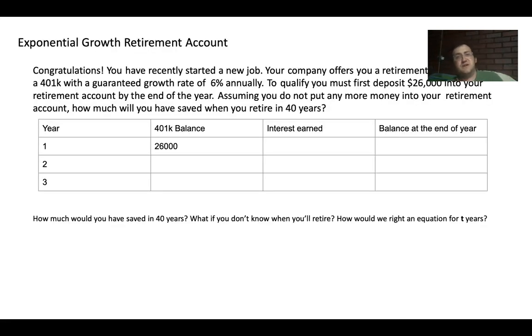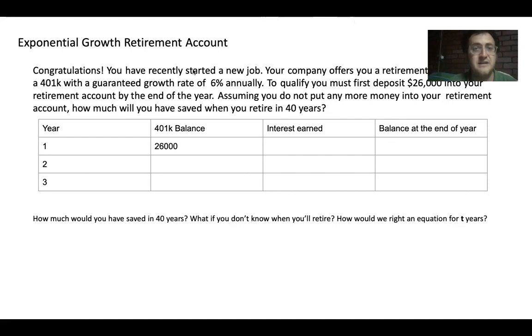So let's get started with an example of a retirement account. Let's say that you come into a job, maybe you saved $26,000, and your company offers you a 401k, which is a special type of retirement account with a guaranteed growth rate of 6%.